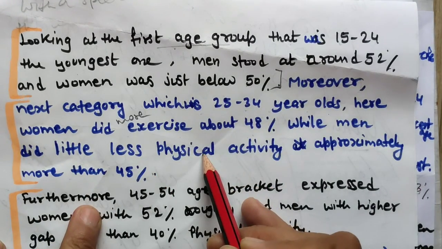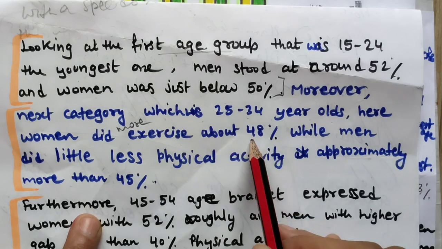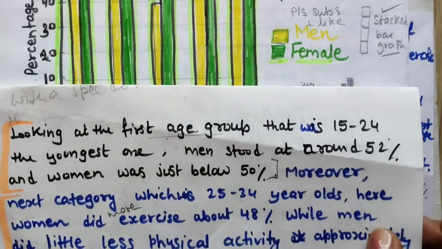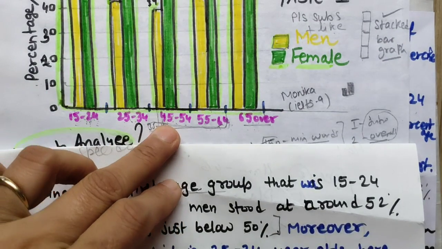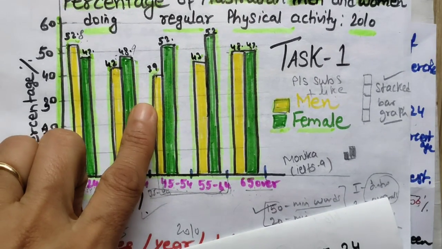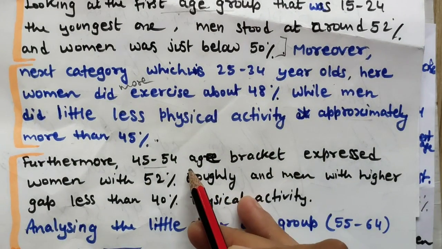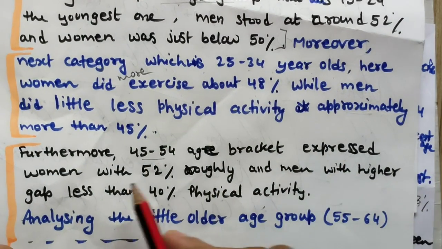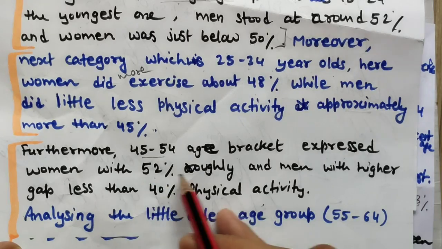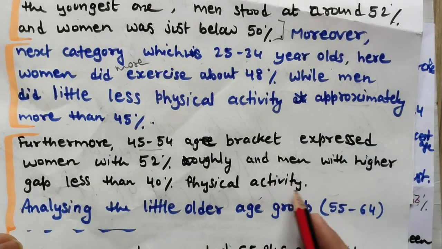Here also I have compared the things within the category between men and women. Next category, we have 45 to 54, where you can see 39 and 52. So what I have written: furthermore, the 45 to 54 age bracket expressed women with roughly 52% and men with a higher gap, less than 40% physical activity.